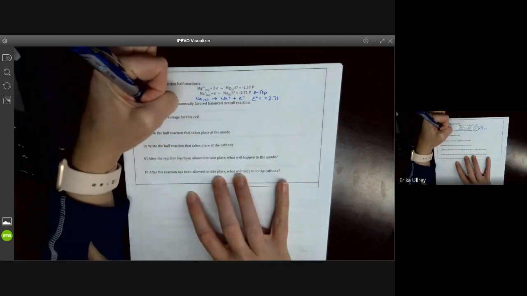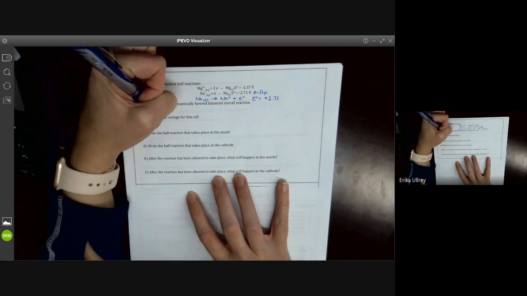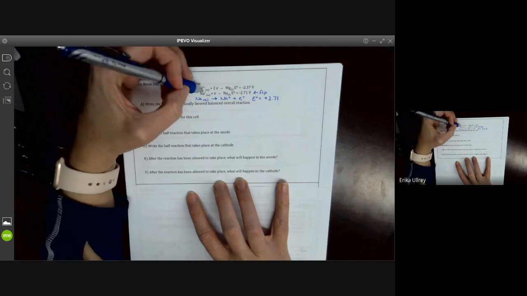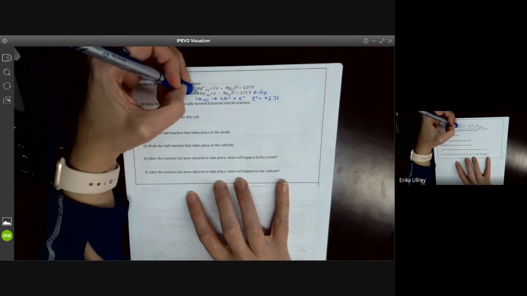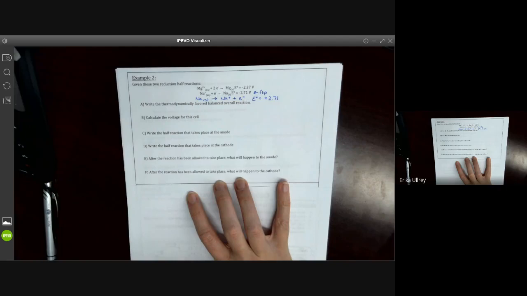And so what would be the balanced equation? We're not writing an equilibrium expression. We're writing a balanced chemical equation. So we had to flip this one around. Olivia told us we're flipping this equation, but we're leaving this one alone. So what would we end up with?